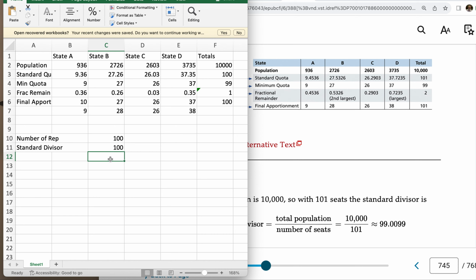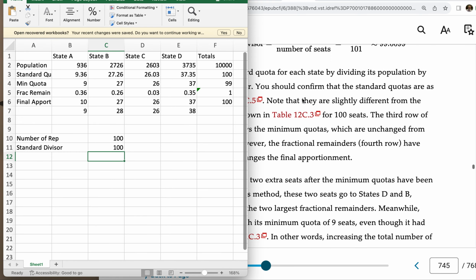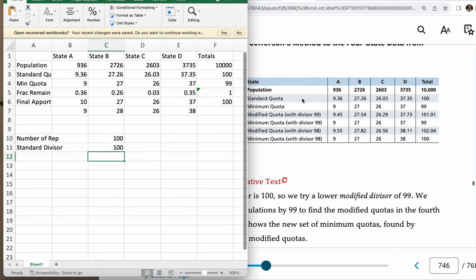Now, if you start messing with it, as Jefferson did, then it's called the modified divisor. And you can see down here where they did that. They said, okay, let's work it out with 99. And it didn't give enough, so then they went to 98, and it finally came up with 100, and it gave the extra one to state D, just like we decided it would go to D if we made this 101 representatives.